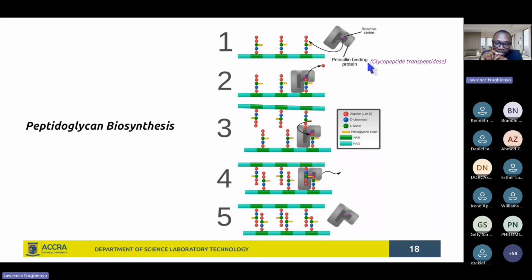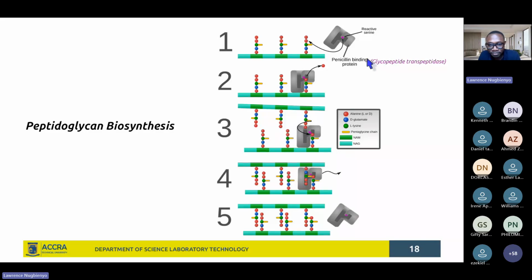It has a serine residue in the active center, which means the activation there will also be in the form of proton transfer. We saw that mechanism. And here you see, what is the glycopeptide transpeptidase doing? It is responsible for the formation of the peptide cross linkages, what we saw in the structure of the peptidoglycan.